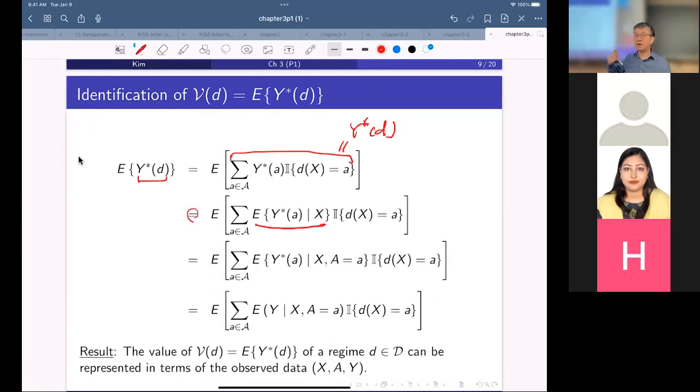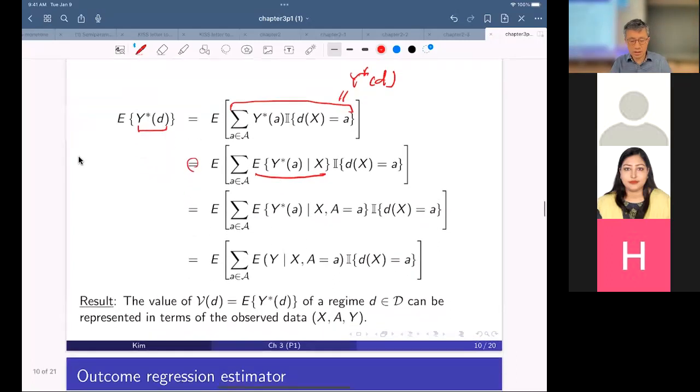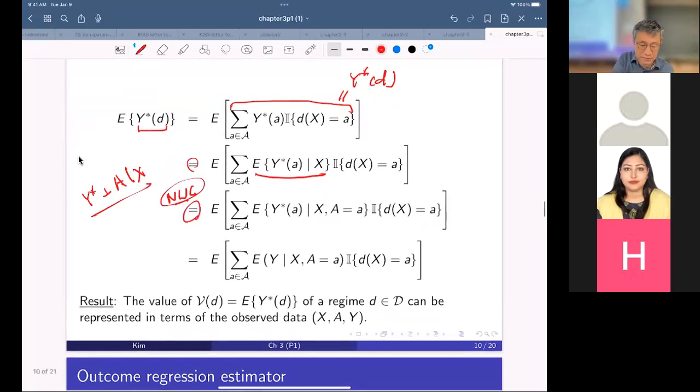It's not difficult. For the third one, you use NUC, the conditional independence assumption of Y star and A given X. The last one is SUTVA.